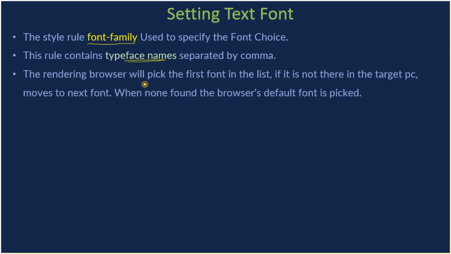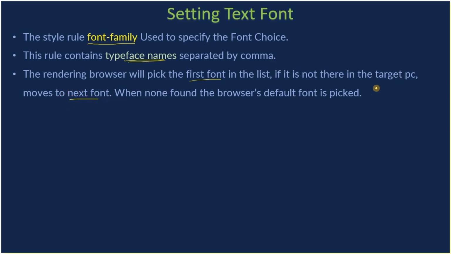So the rendering browser will pick the first font in the list. If it is not there in the target PC, wherever the HTML page is rendering, then the browser moves to the next font and tries to apply it.